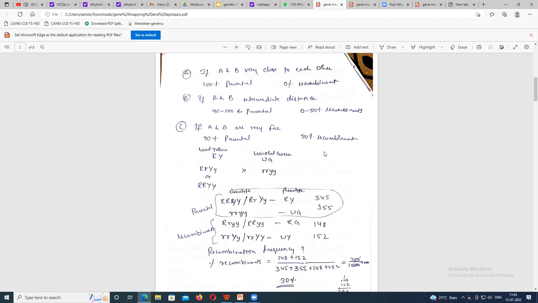Remember one point: the maximum percentage of recombinants is 50%. If they are very close, 0%; intermediate distance, 0 to 50%; very far, the maximum is 50% recombination. Is this clear? Yes, ma'am.